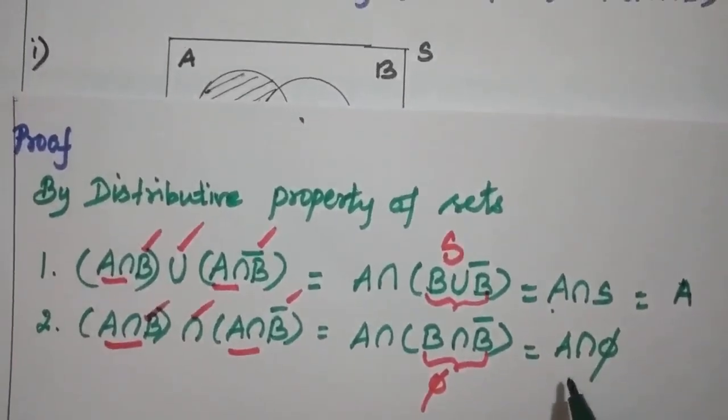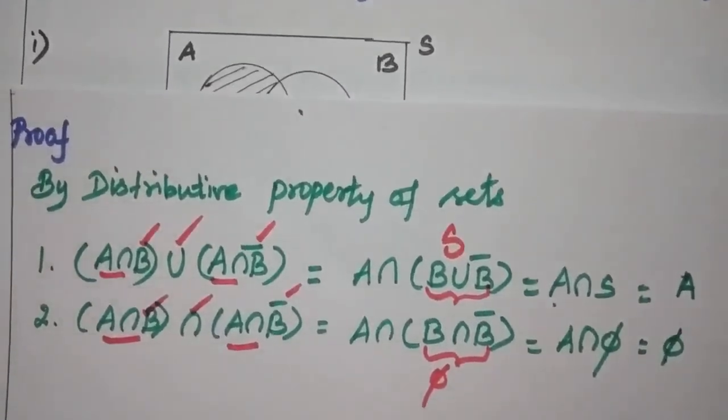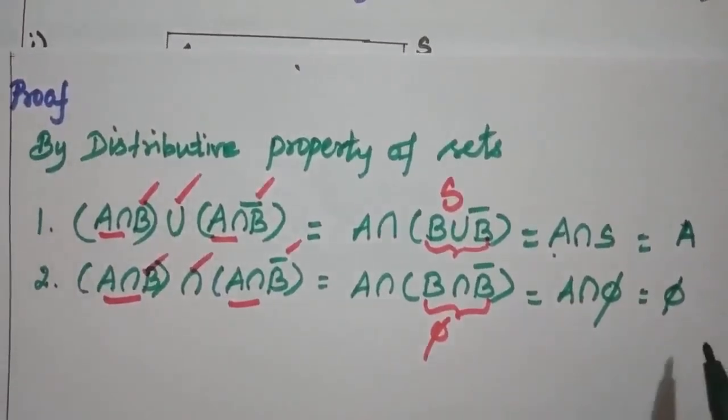Similarly, the intersection of A and null is null. So here this intersection value is null.